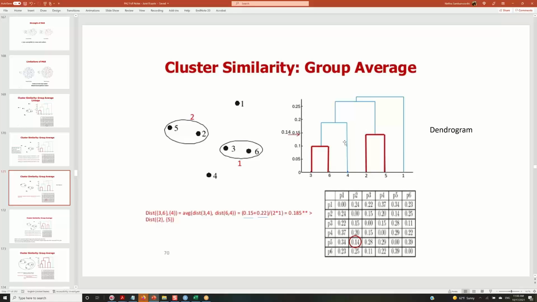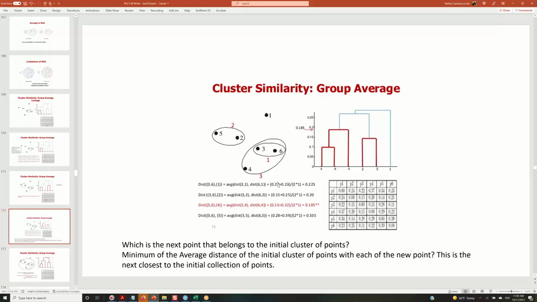Yes. Good. So that is done, and this is also done now. Okay. So now all the three are done. From here, you want to find out the distances 3,6 to 1, 3,6 to 2, 3,6 to 4, 3,6 to 5.